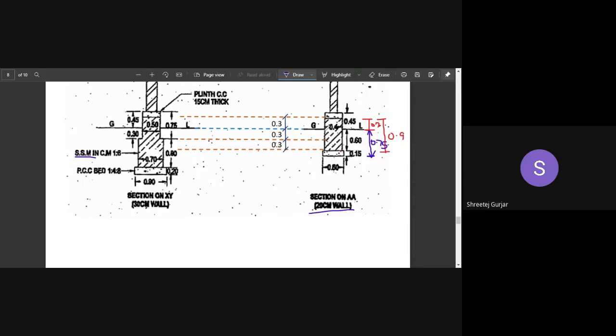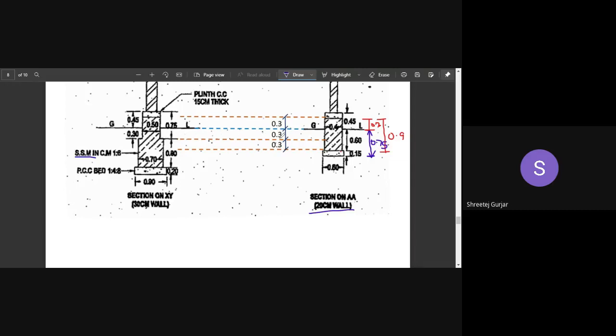But at this level, it is coming to the 0.7 meter width of my 30 centimeter wall. It is coming up to 0.3 meters from my PCC. If you calculate this level, this height is 0.3, which I have mentioned here.